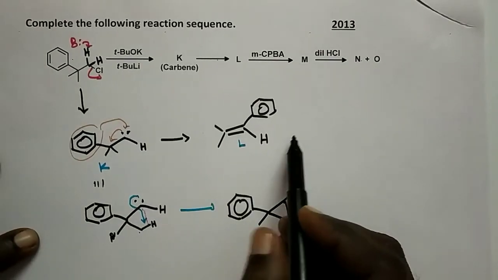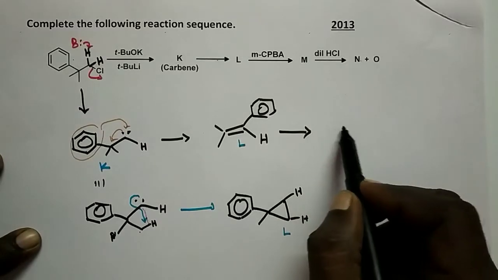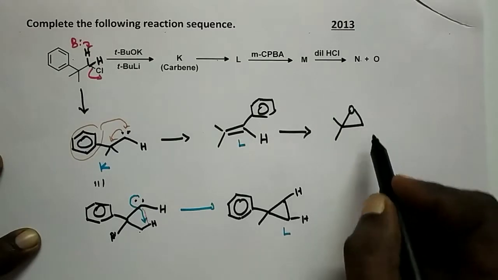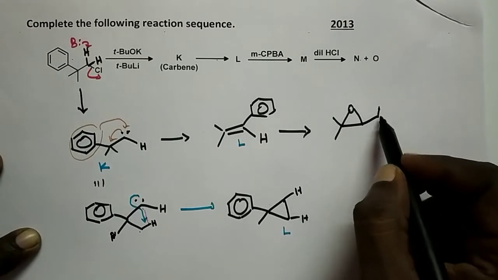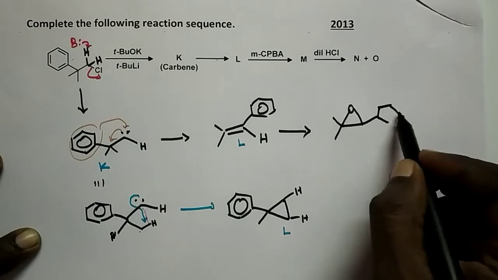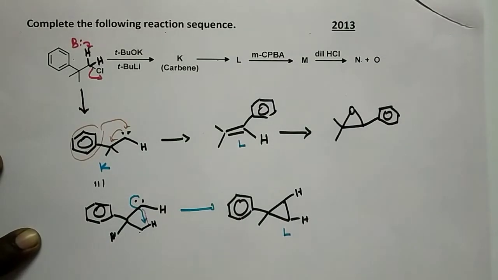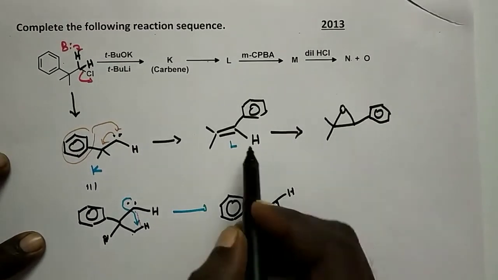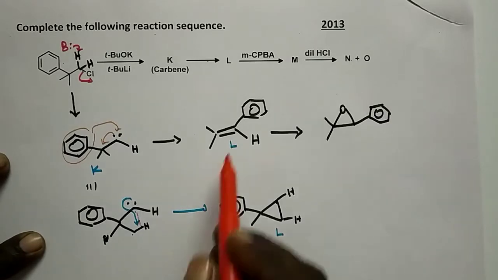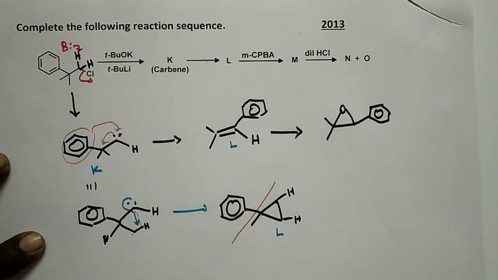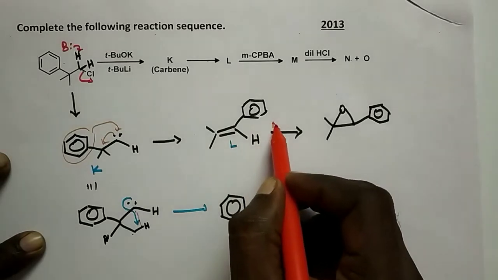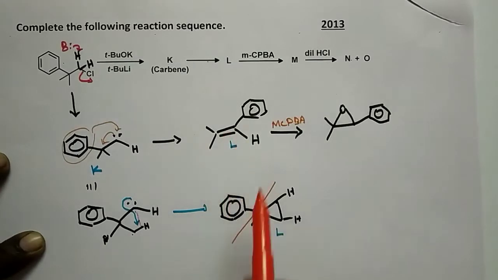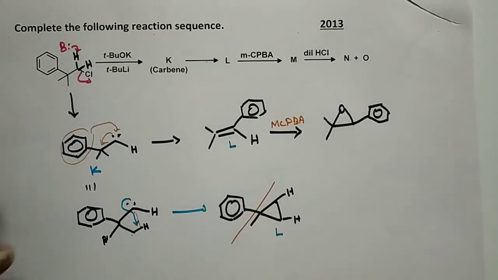If it reacts with the olefin, the product is an epoxide. So certainly this is L, and this cannot be the L, because the next step is the MCPBA reaction. MCPBA reacts with this one, not with this. So L is the reasonably accepted one.